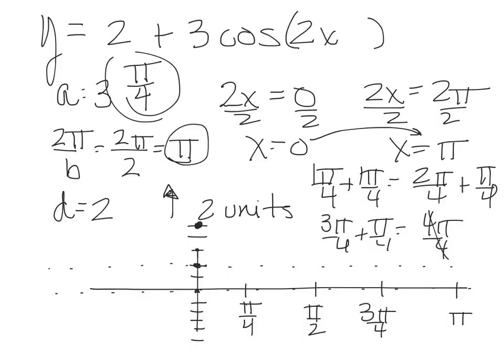So from there, 1, 2, 3 amplitude. This will be at the middle line. This will be 1, 2, 3 amplitude. This one will be at the middle line. This one will be back up, 1, 2, 3 above the middle line. And so now there is a graph running from 0 to pi.